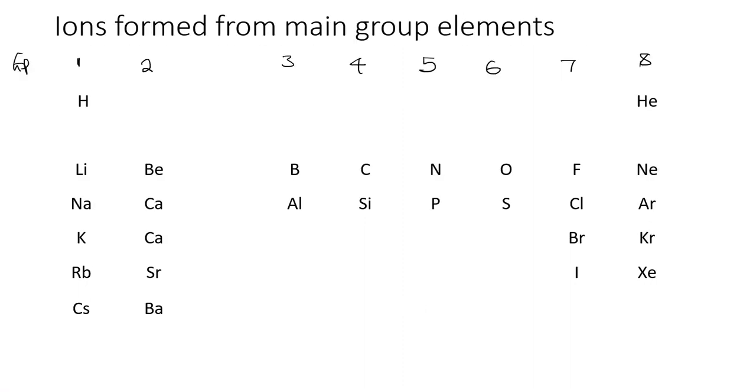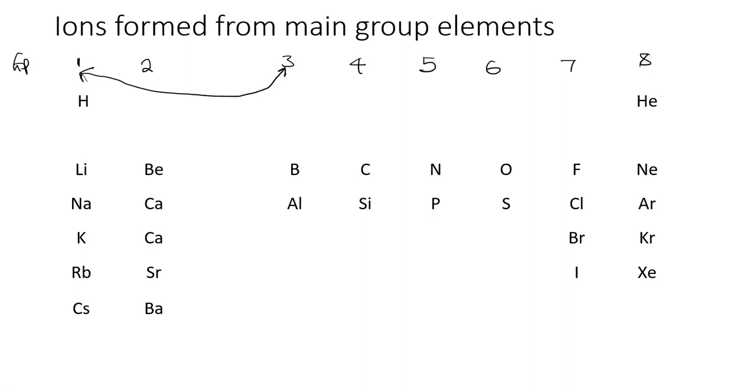Now, group 1 to 3. Let me take these 3 groups. For groups 1 to 3, the charge of the ion that the atoms form is equal to the group number. For example, lithium. Lithium is in group 1.